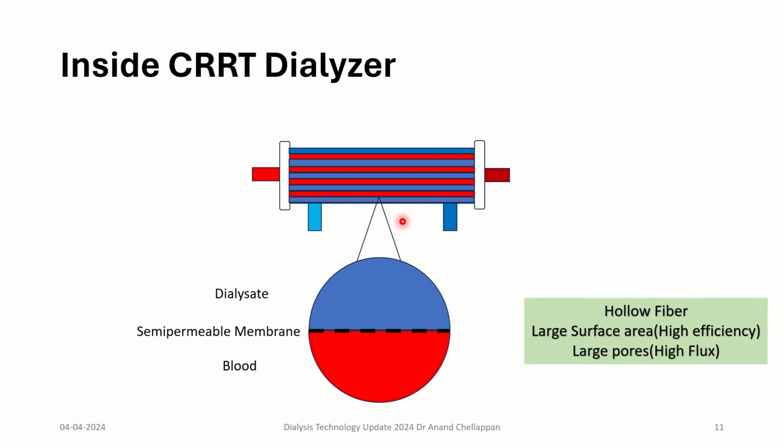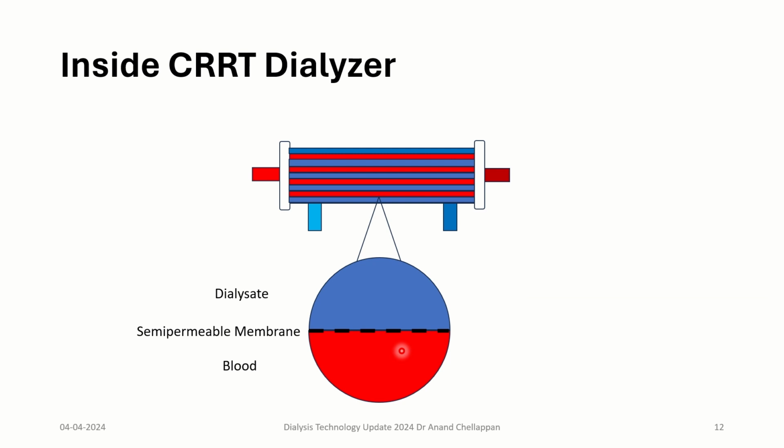Now these are hollow fibers like we had already discussed, and they have a large surface area, making it a high efficiency dialyzer, and the pores that we see are also large pores, making it a high flux. So the CRRT dialyzers in general are high efficiency and high flux. Now let us try to understand how this dialyzer helps in dialysis.